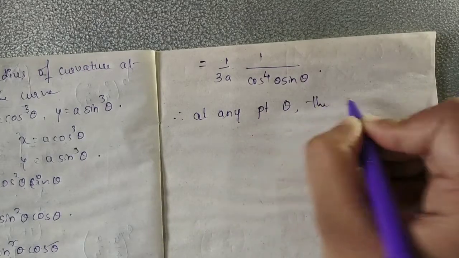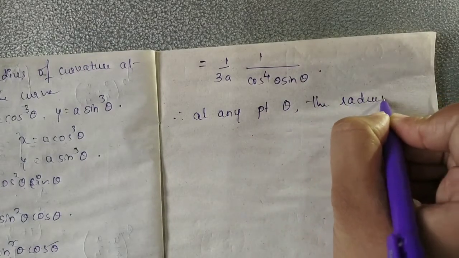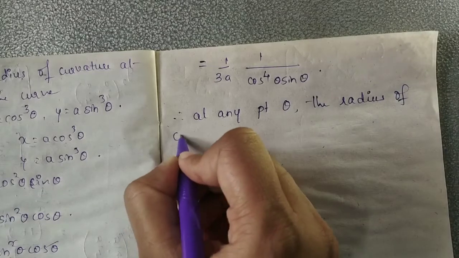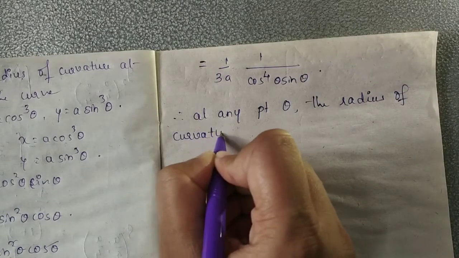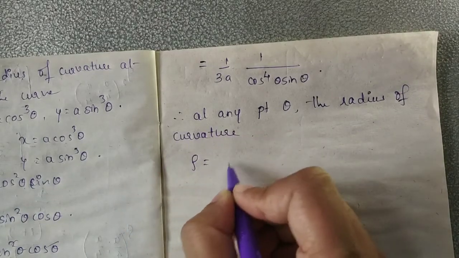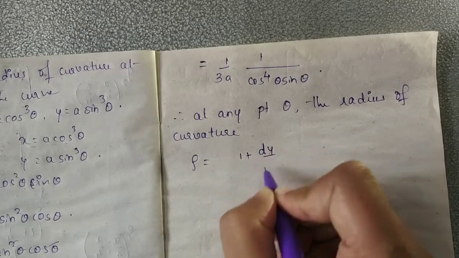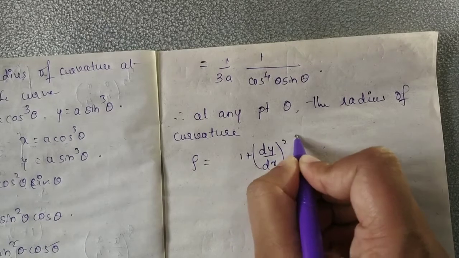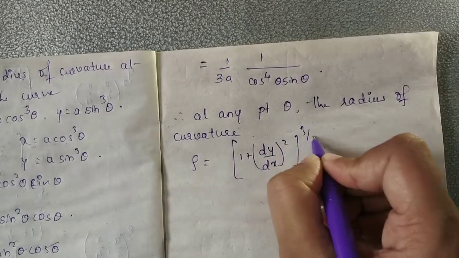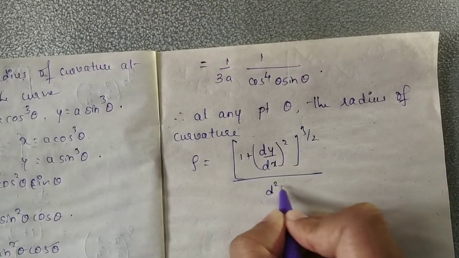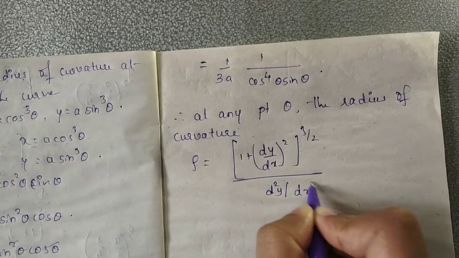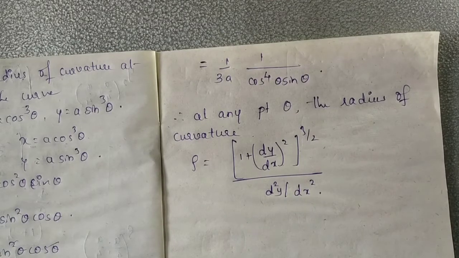Therefore, at any point theta, the radius of curvature rho equal to, according to the formula, 1 plus dy by dx the whole square whole raised to 3 by 2 divided by d square y by dx square.